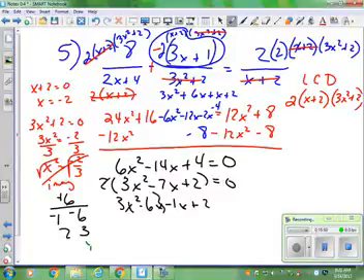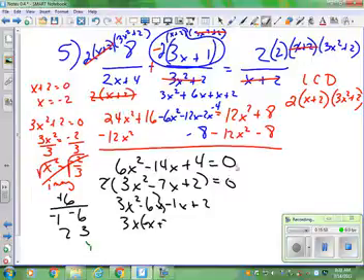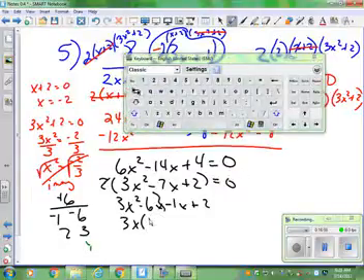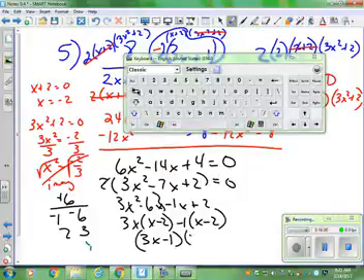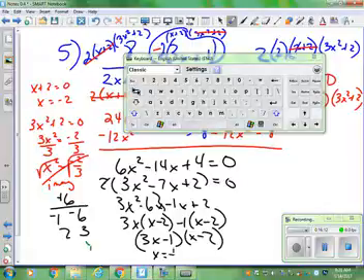Split the problem. 3x can come out, leaving me with x minus 2. And I can take a negative 1 over here and get x minus 2. So 3x minus 1 and x minus 2. x is going to be 1/3 and x is going to be 2 if you set those equal to 0 and solve.